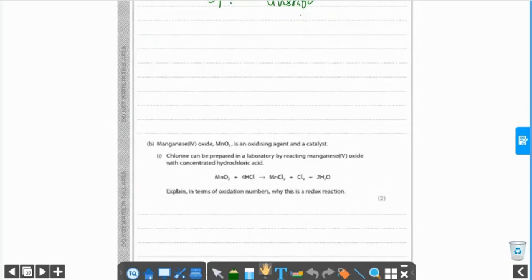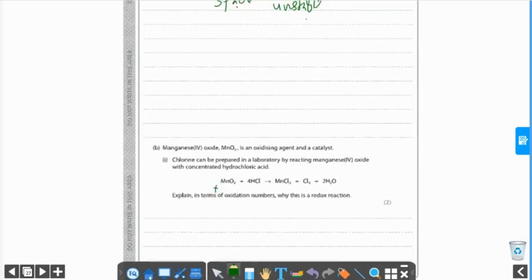Manganese 4 oxide is an oxidizing agent and a catalyst. Chlorine can be prepared in the laboratory by reacting manganese 4 oxide with concentrated hydrochloric acid. In terms of oxidation numbers, why is this redox? Manganese is +4 oxidation state, here +2; +4 to +2 is reduction.